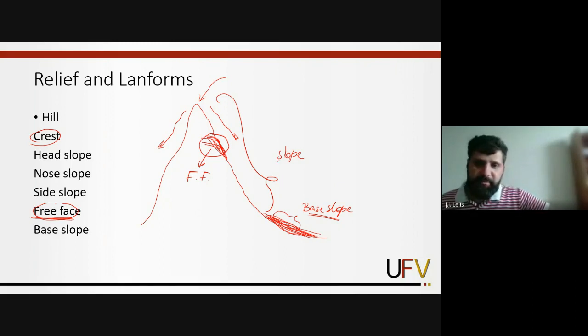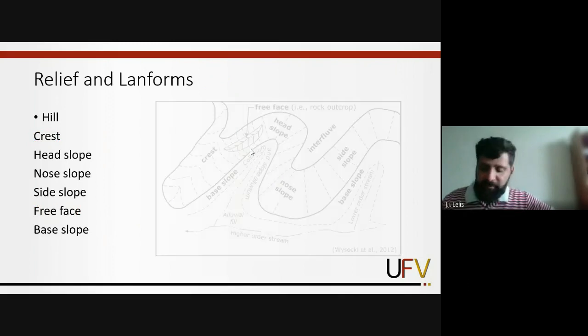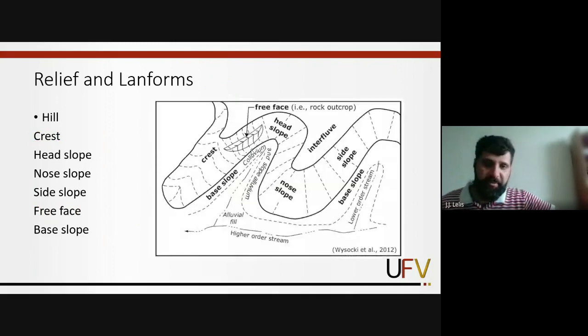And this slope, we can also classify it depending on the geometry. And this drawing represents better what I want to say. So you see these lines are the topography lines, and they show us the crest, the top of the area.